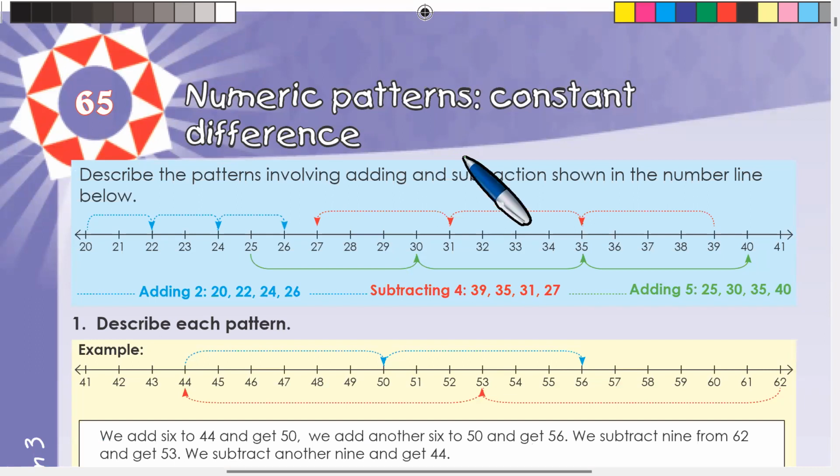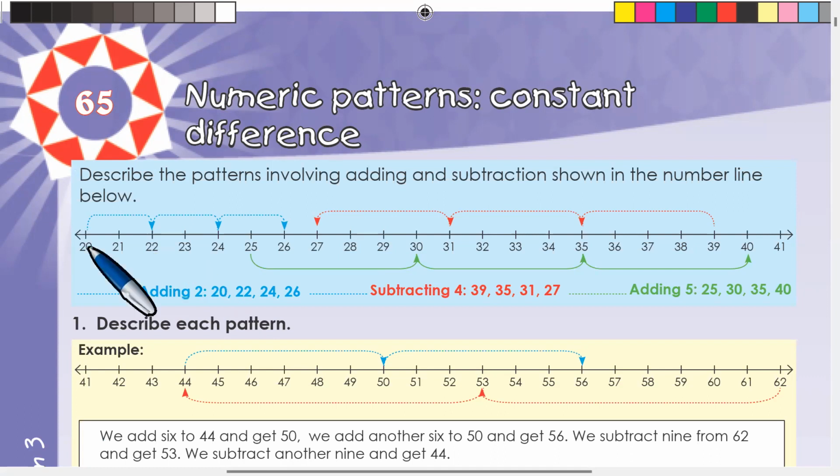Some of them have what you call a constant difference. If one describes the patterns involving addition and subtraction, shown in the number line, if one looks at the number line below, then one is able to see clearly that, for example, you have 20, 21, 22, 23.